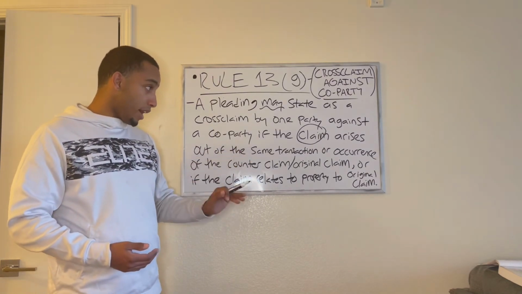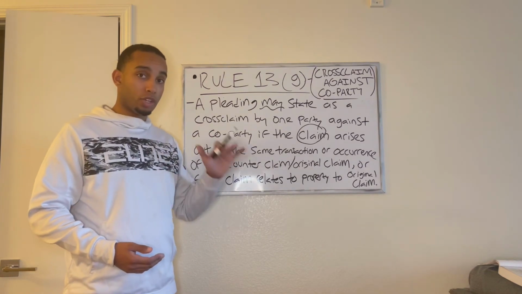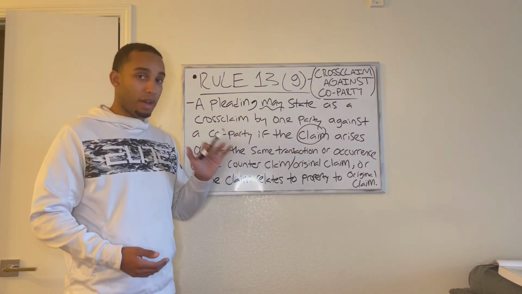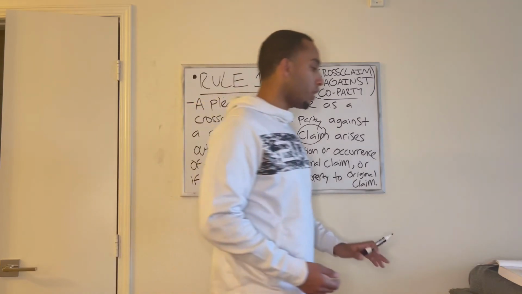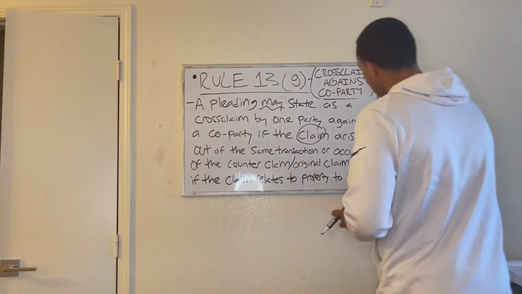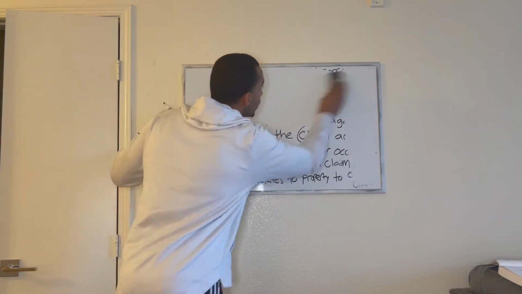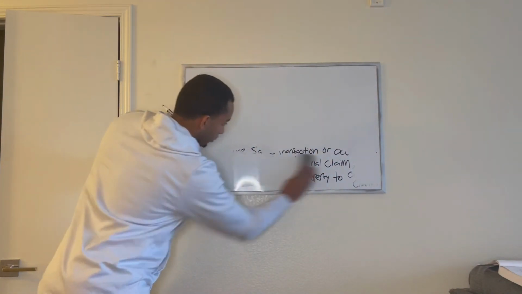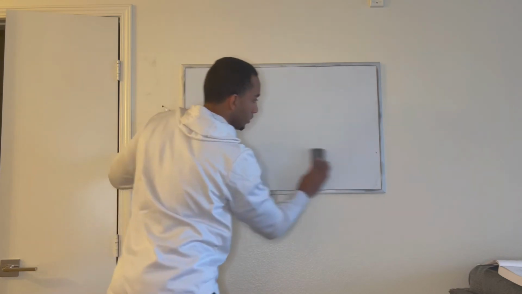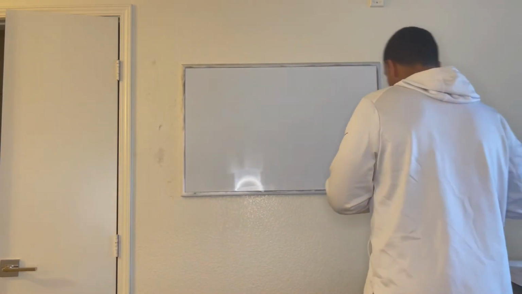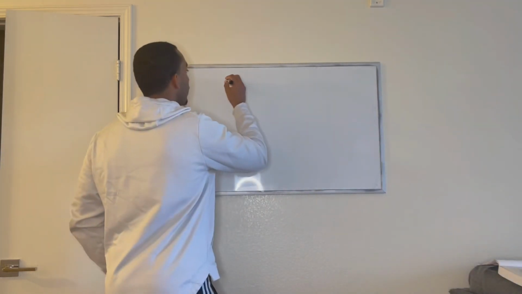So, as I said, I'm going to erase this, and I'm going to draw it out, because that's going to make a lot more sense once I do that. So let me erase this, give me one second.